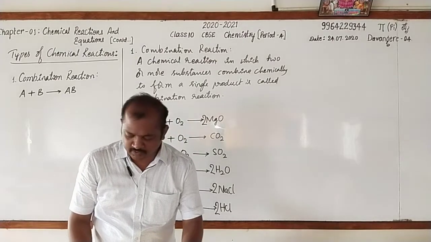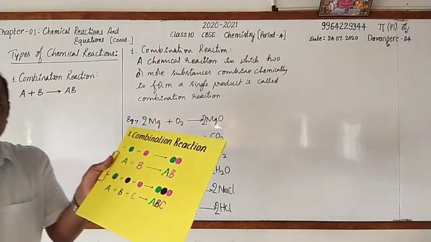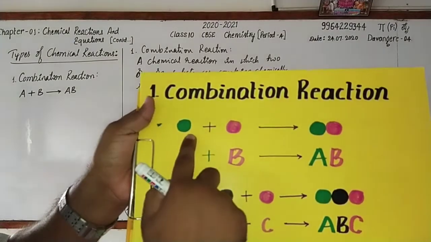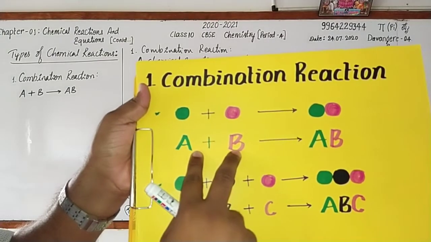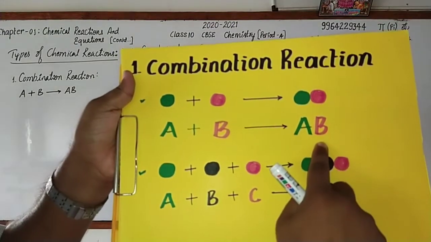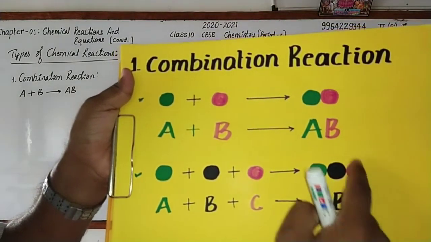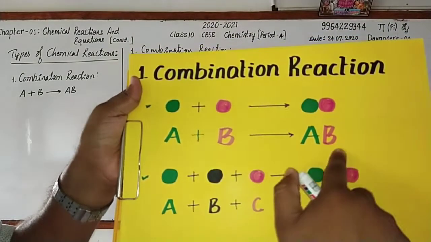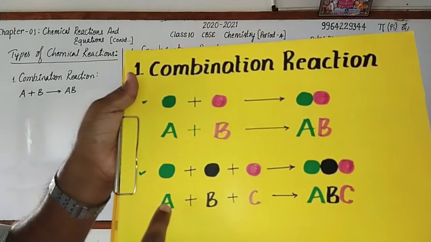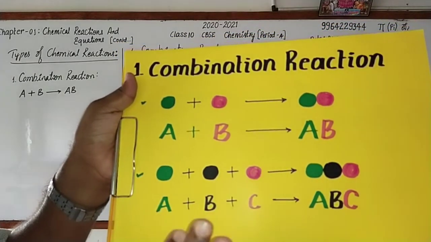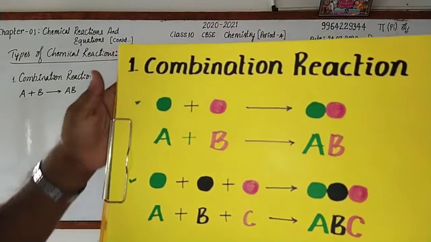Here I have made a simple chart to understand combination reaction. Observe here. Here, 2 reactants combine to form a single product. Here 3 reactants combine to form a single product. This is the general form. A plus B gives rise to AB, or A plus B plus C gives rise to ABC. Clear? Yes. Please go for copying that.